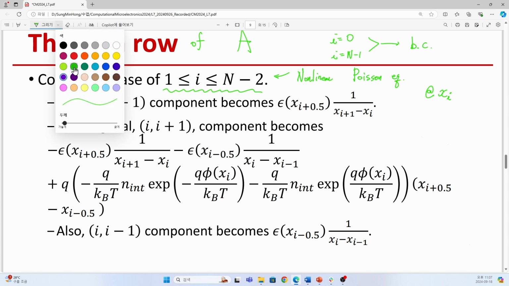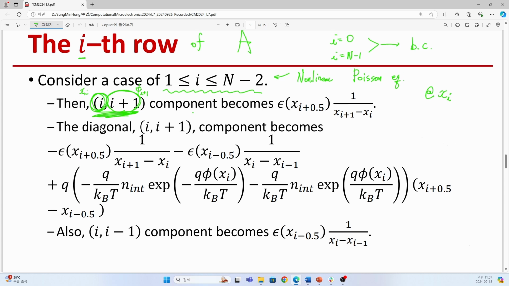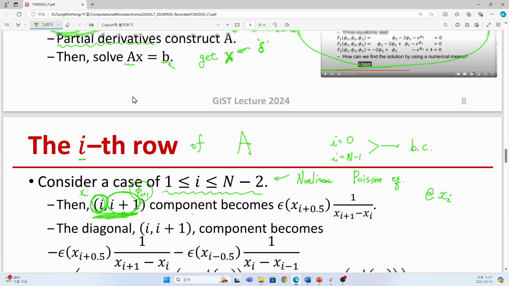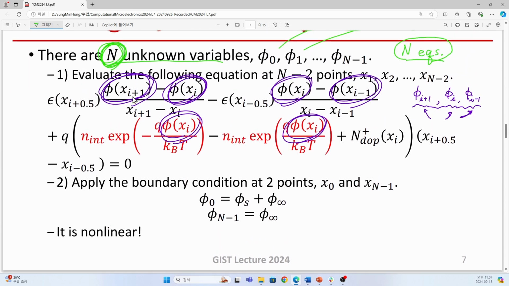For example, if we consider this component of our A matrix, it means that the equation is evaluated at x sub i and we take the partial derivative with respect to the potential at the phi sub i plus 1 point. What is it? Yes, this quantity. Then please visit our discretized form here.